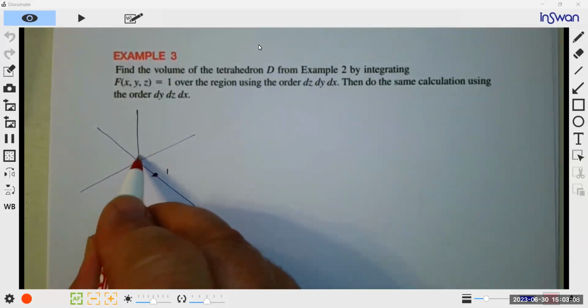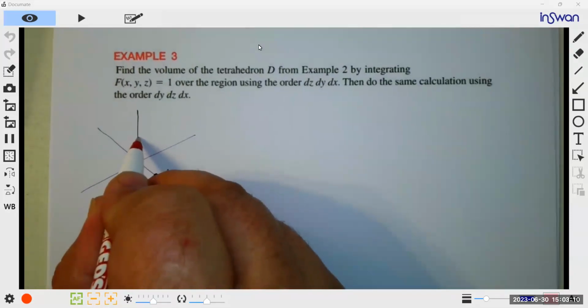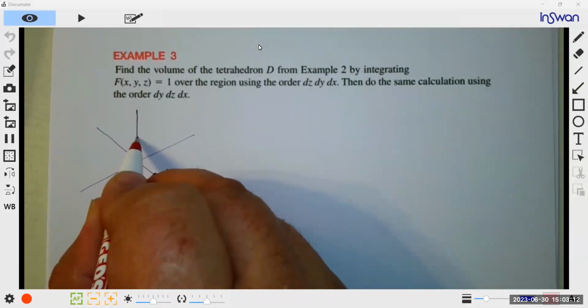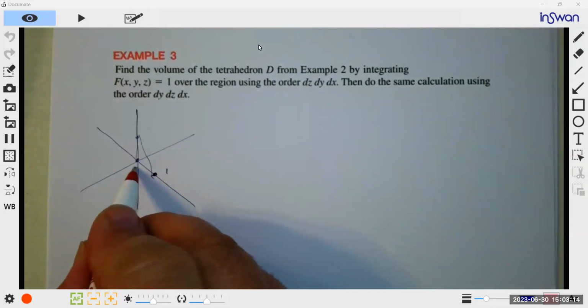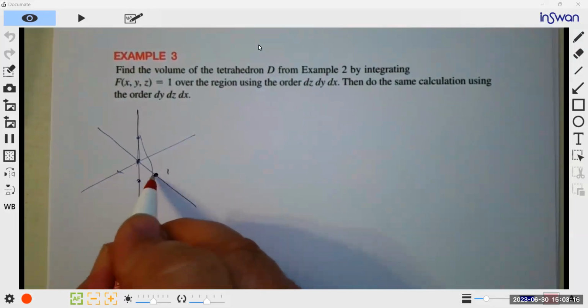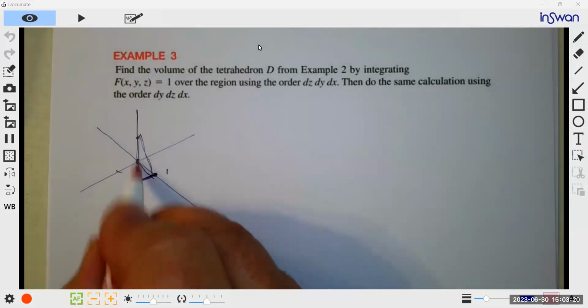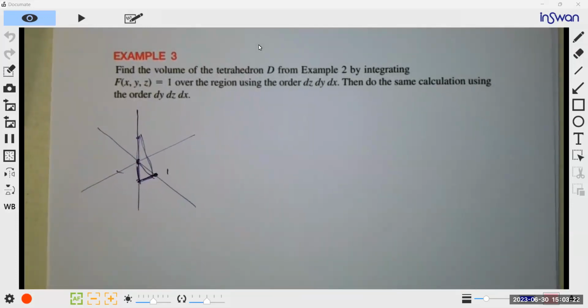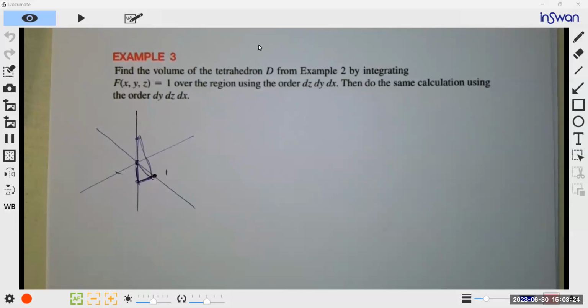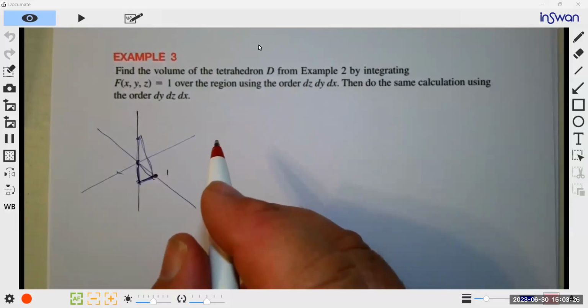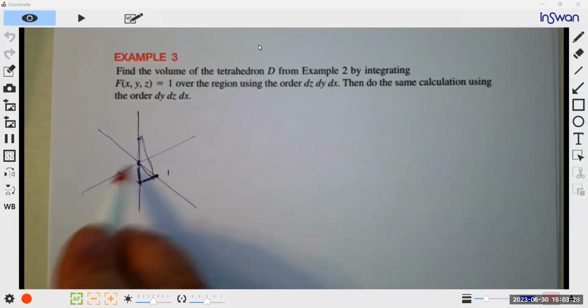There's a point at 1, point at 0, so it's flat on the xy plane.